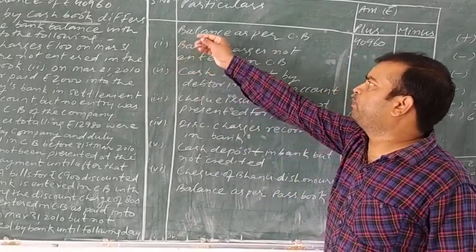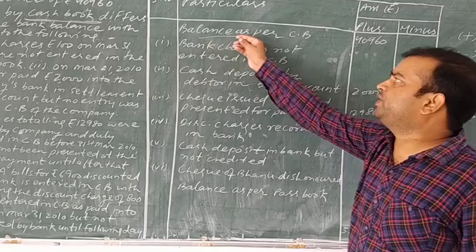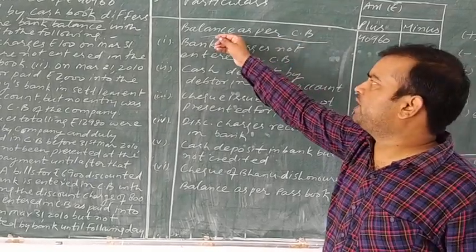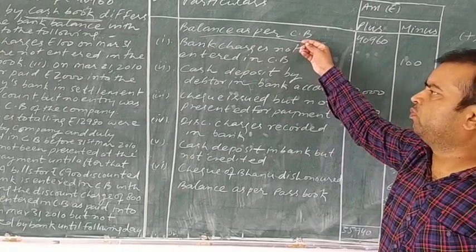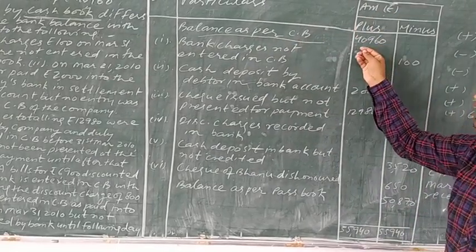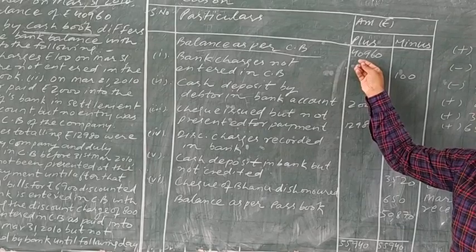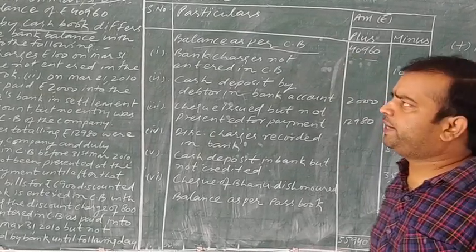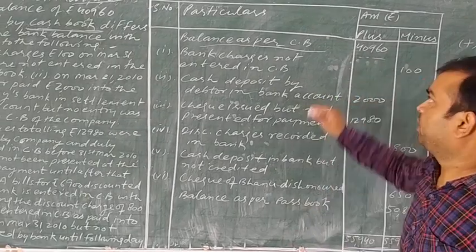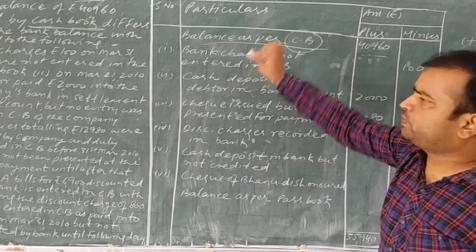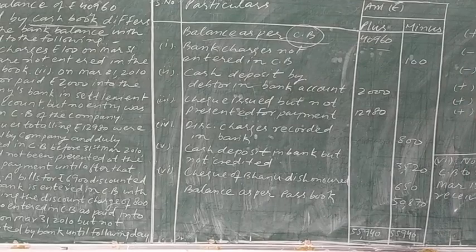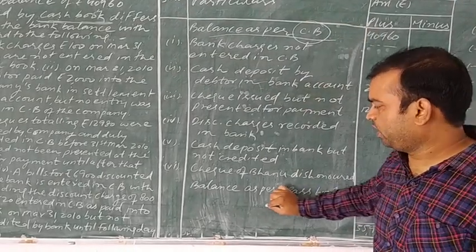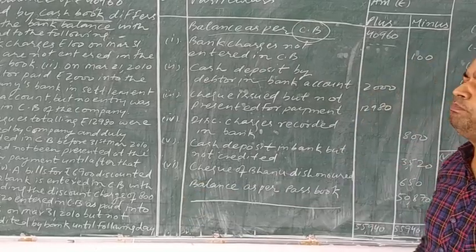Just post the same in the bank reconciliation statement under the particular column, balance as per cash book, on the plus side of the amount column: 40,960. Keep in mind, whenever the balance as per cash book is given, then as the answer you have to find the balance as per passbook.